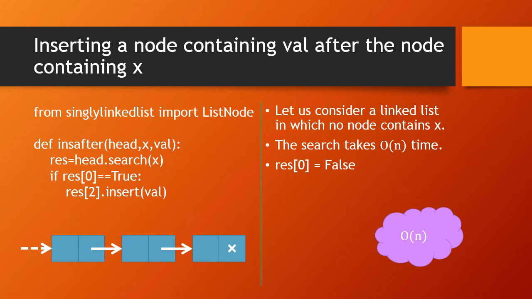And this situation will also have O(n) time complexity, because the two lines that are being executed over here are the res equals head dot search x line and the condition of the if. The condition of the if executes in O(1). The search takes place in O(n). Again, since they are consecutive, we add their O notations, and the final O notation is O(n).